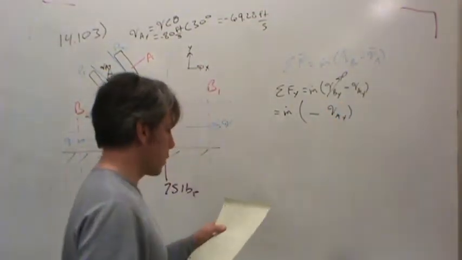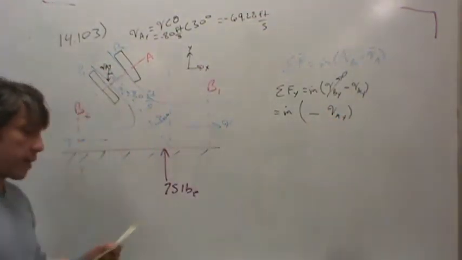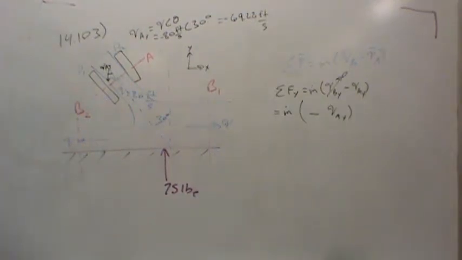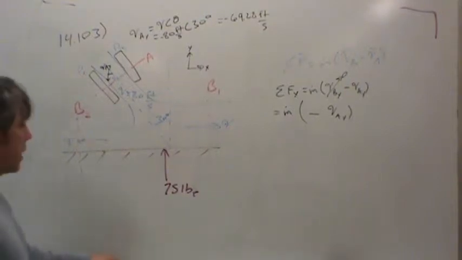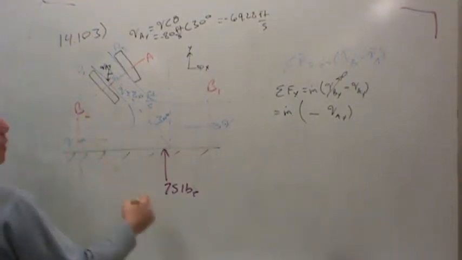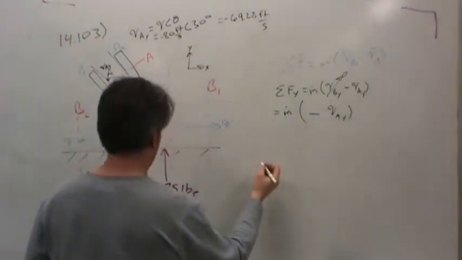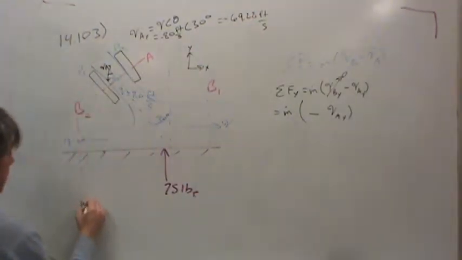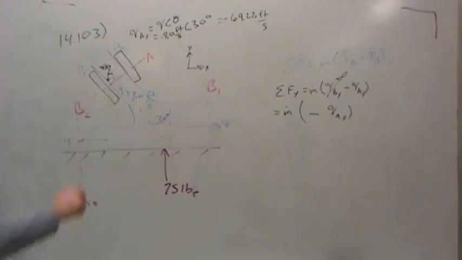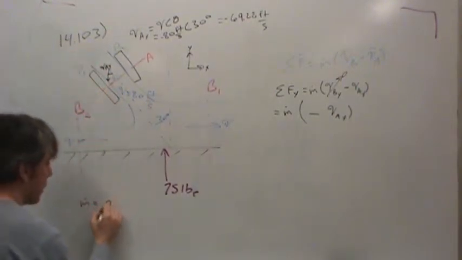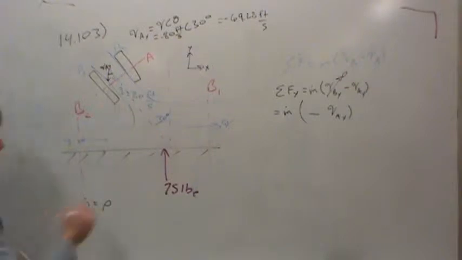And we can just plug it in, except notice we don't have the mass flow rate yet. So how will we get the mass flow rate? Well, the mass flow rate coming in at A would be equal to the density of the water multiplied by the volumetric flow rate.